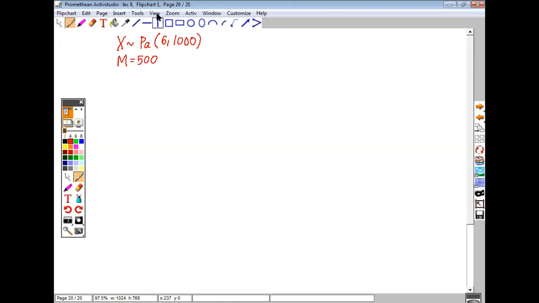Inflation is denoted by K. So my K is 0.1. Okay, remember my K is the inflation factor.